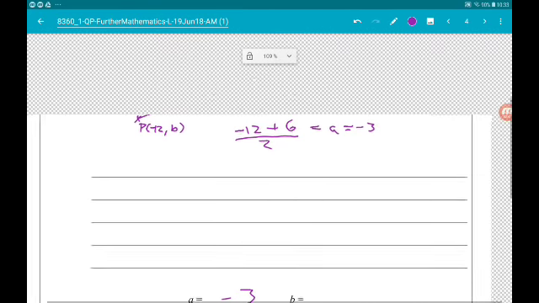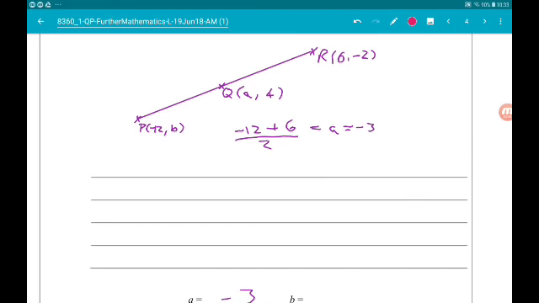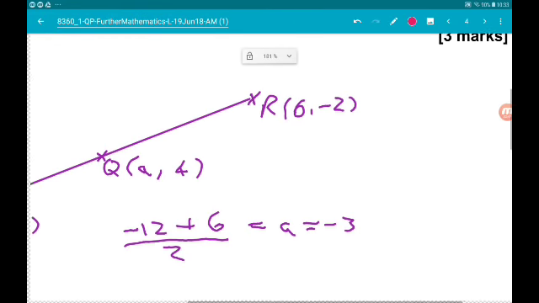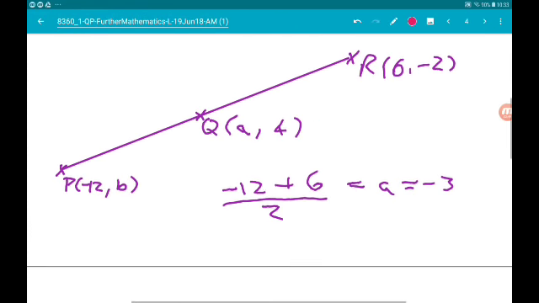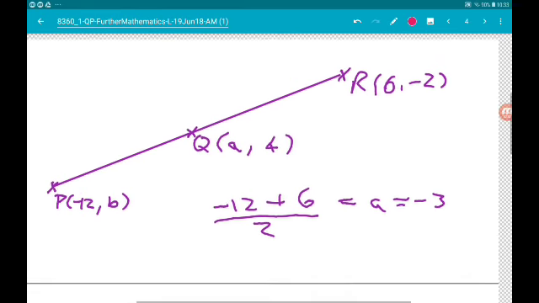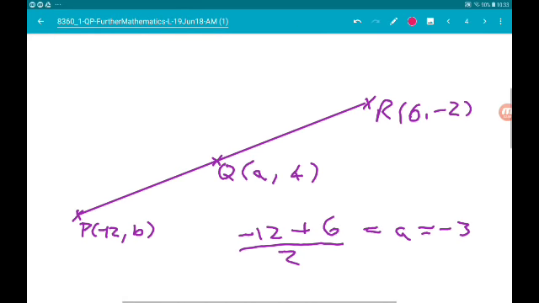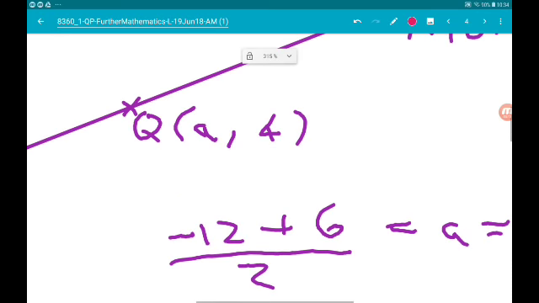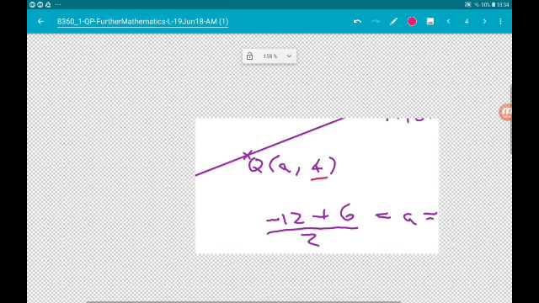Okay, now we need to find b. b is the y-coordinate of P. So we know that b add the y-coordinate of R, so add minus 2, so (b minus 2) over 2 is equal to the y-coordinate of Q, which is 4.